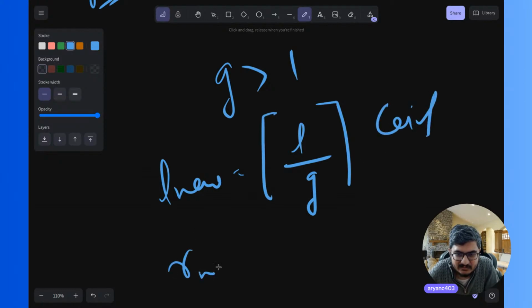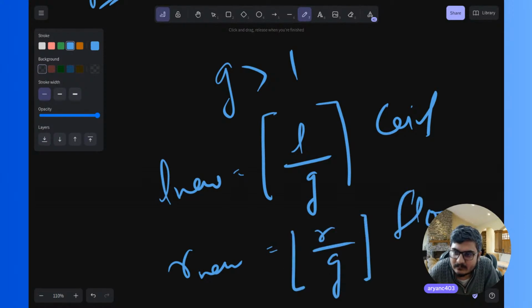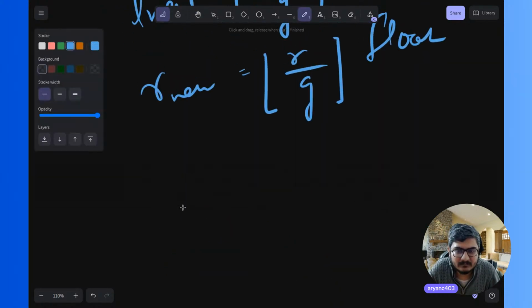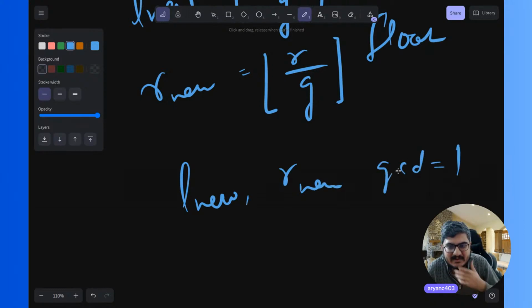And we find R new, which is R divided by G, and we take the floor here. And we solve with L new, R new, and GCD 1. Whatever answer we find, we multiply it by G and call it a day. And essentially that was the idea.